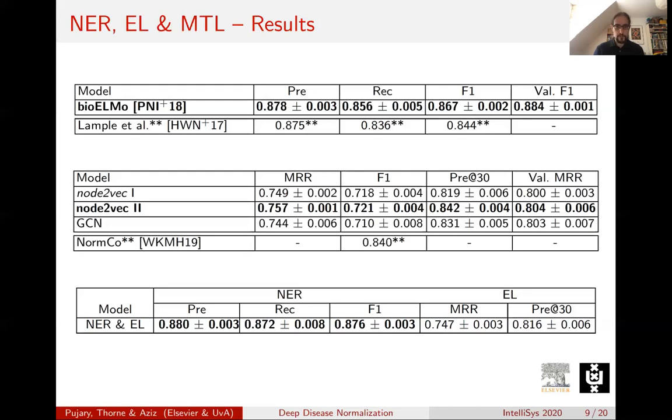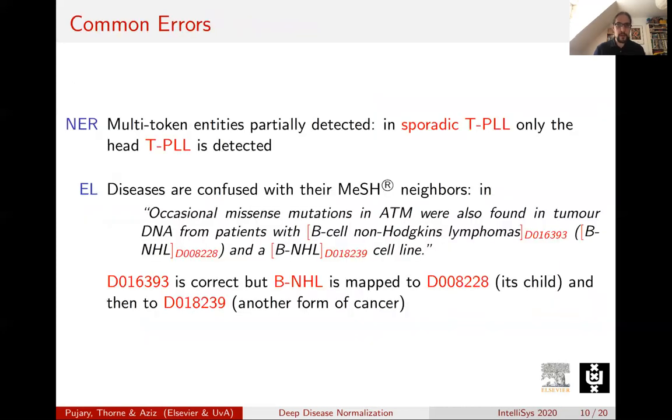We also performed a multitask learning experiment, and we were able to observe that multitask learning increases named entity recognition performance further, but doesn't have an impact on entity linking. As for the errors, for the named entity recognition, in some cases, entities were only partially detected, not fully detected.